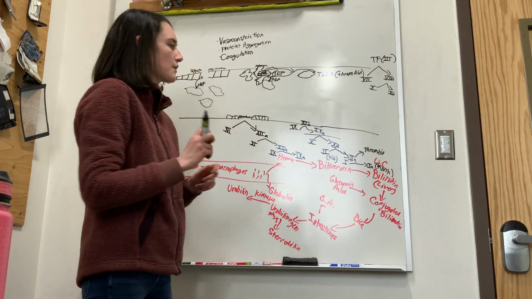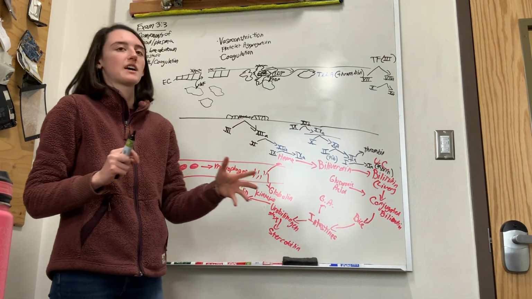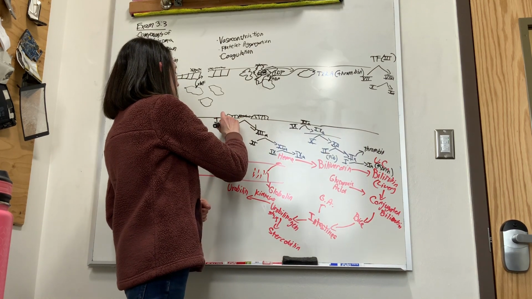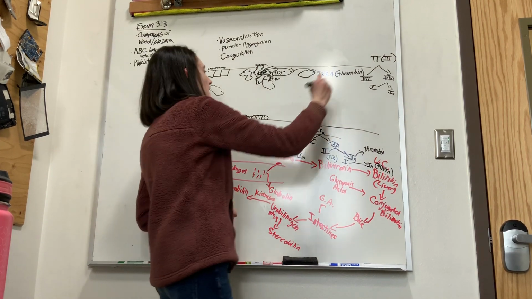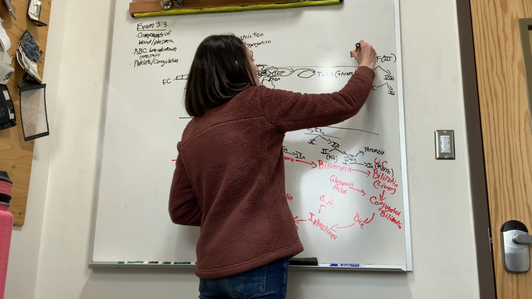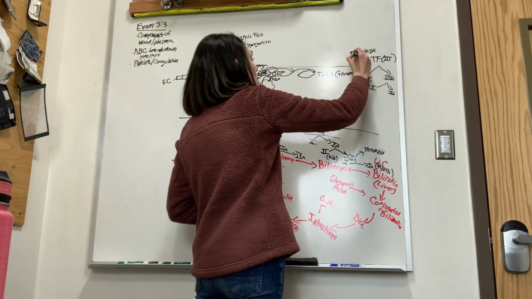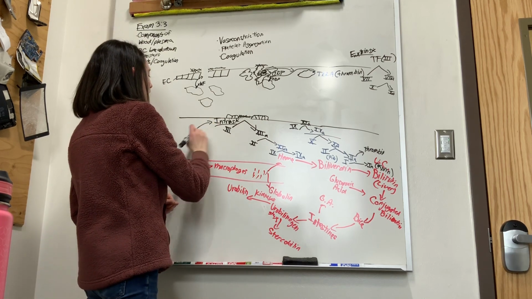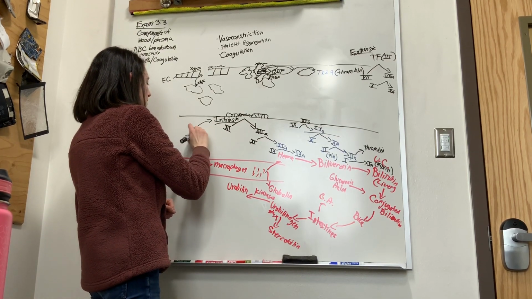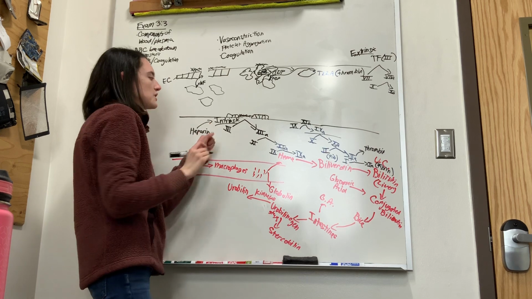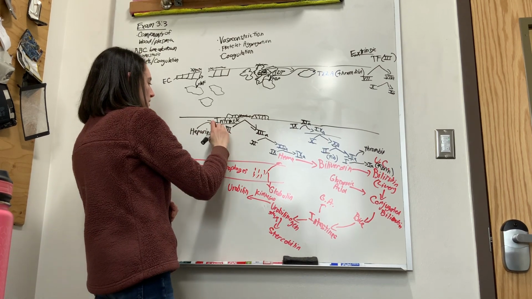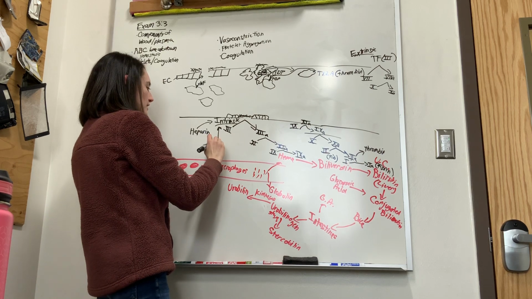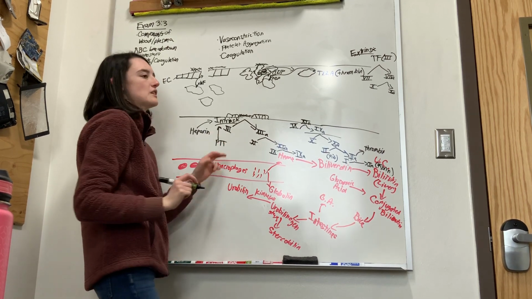And then the last thing I want to go over is some of the tests that are involved in intrinsic, which I'll label here, and our extrinsic pathways. For intrinsic, we have heparin, which is a protein that will inhibit this. And the way we can test the blood clotting efficiency for intrinsic is something called PTT.